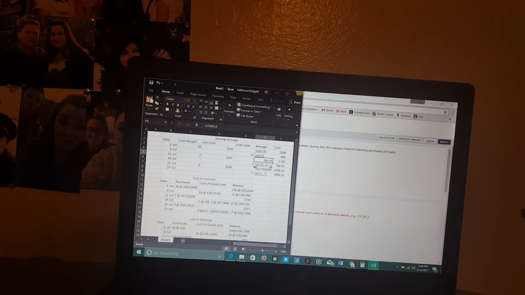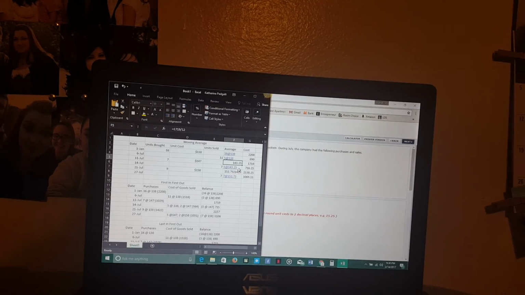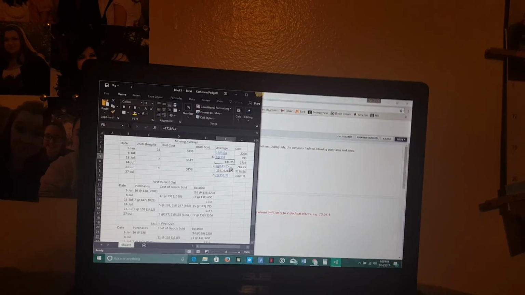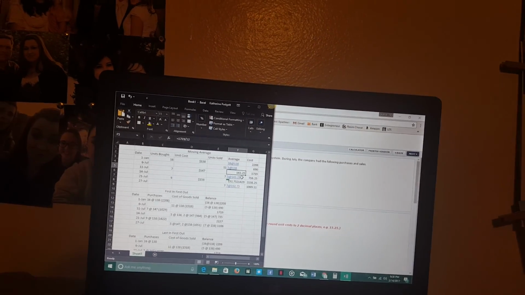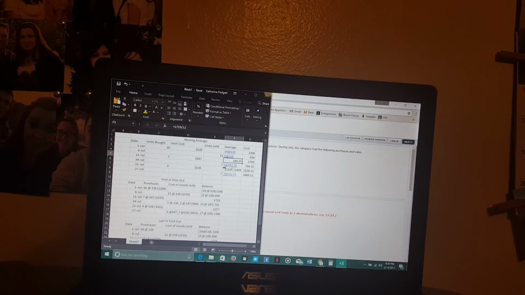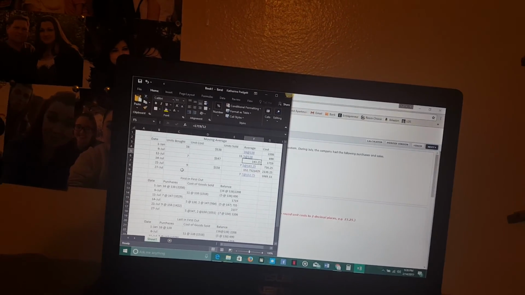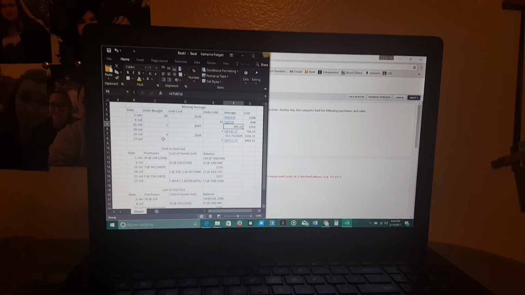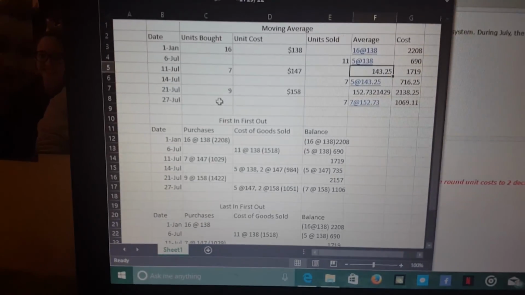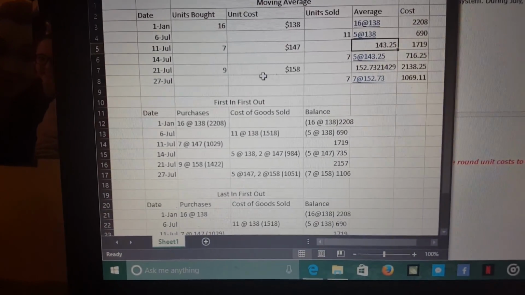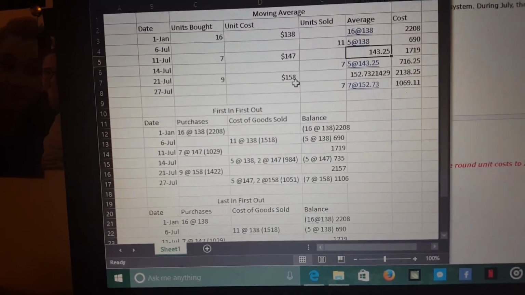Then once again, on July 14th, when we just sell stuff, nothing changes. It's going to be the same average, because it stays the same whenever you're doing averages and you just sell. But then on July 21st, we buy some more. Okay, sorry guys. We buy 9 products at $158.